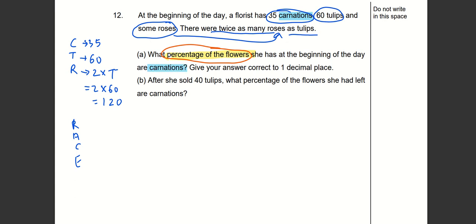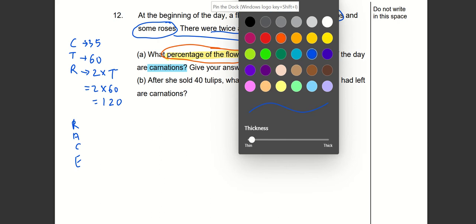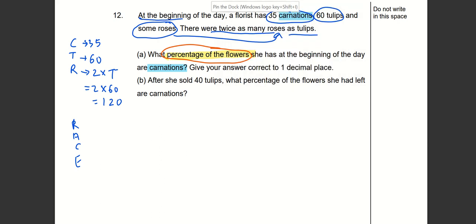This is the beginning of the day. It seems like there's some selling afterward, that's for B. And then the key phrase here, correct to one decimal place, so there's some rounding to do.